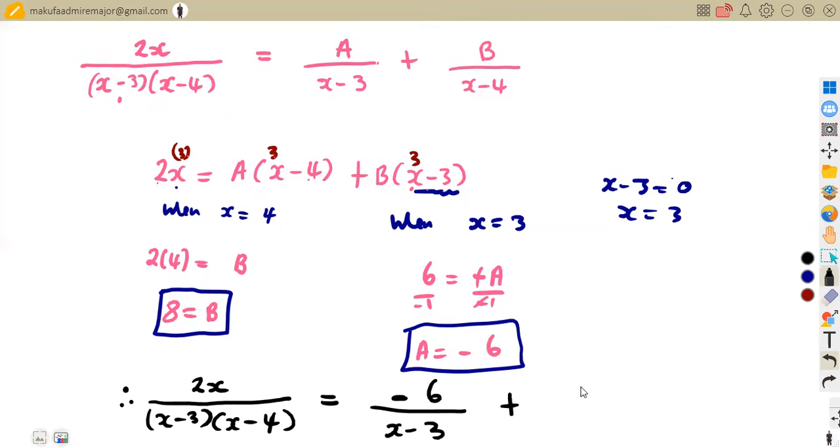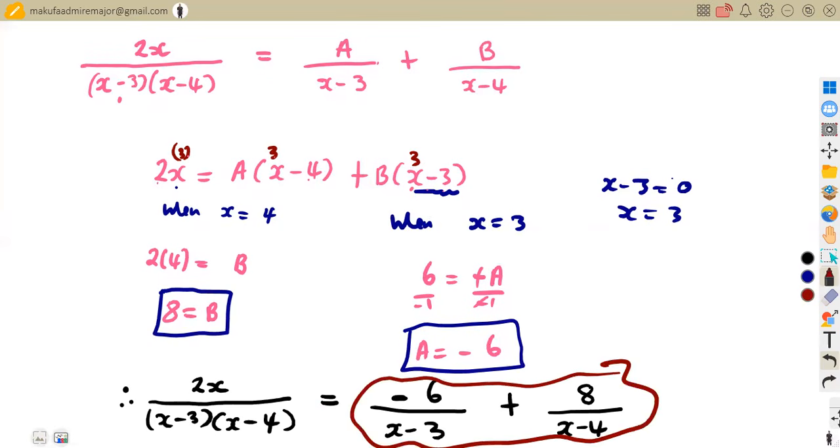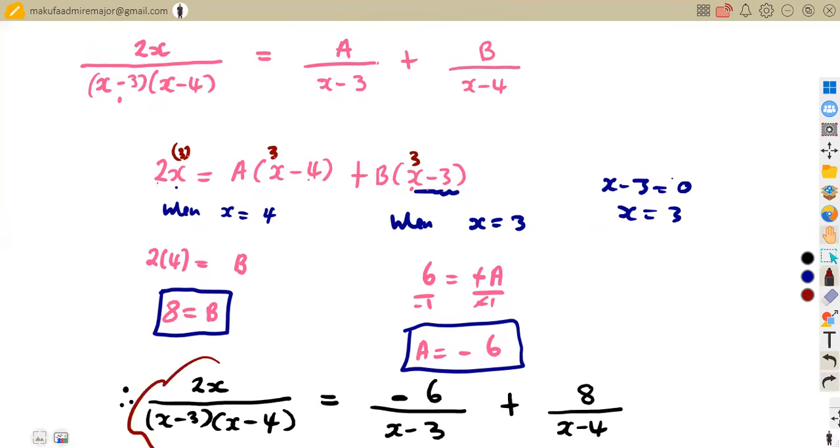So it's going to be plus 8 over x minus 4. So this is what we have at the end, separated. Now we have two separated fractions from the normal f of x that we had before, a single fraction.